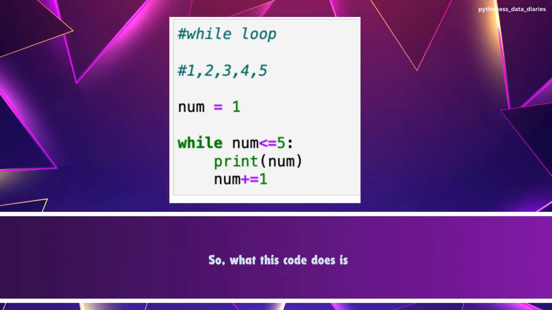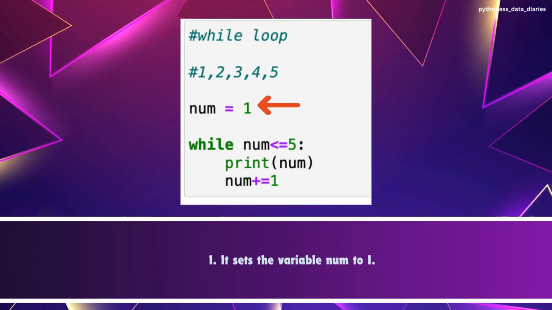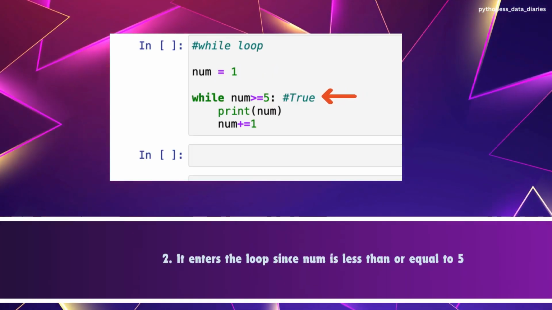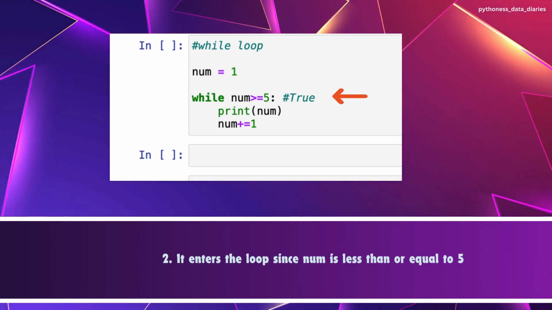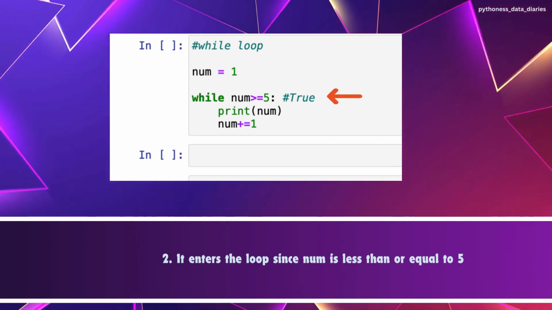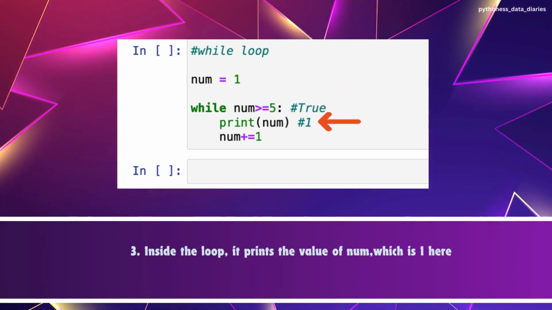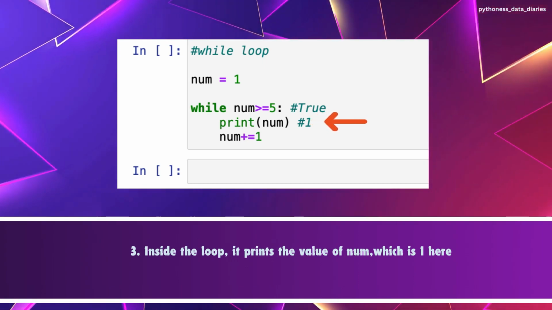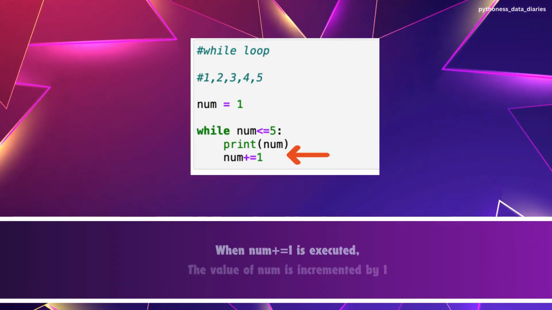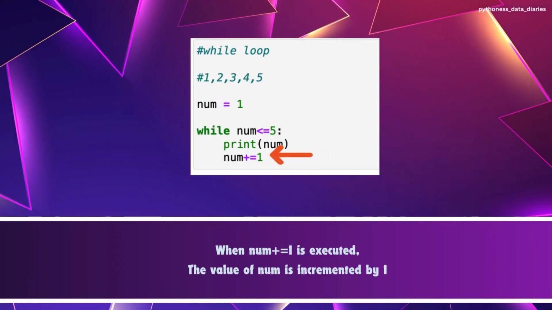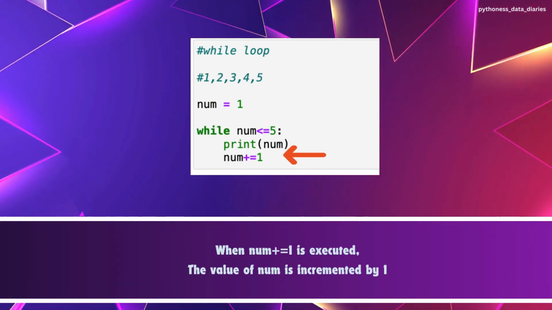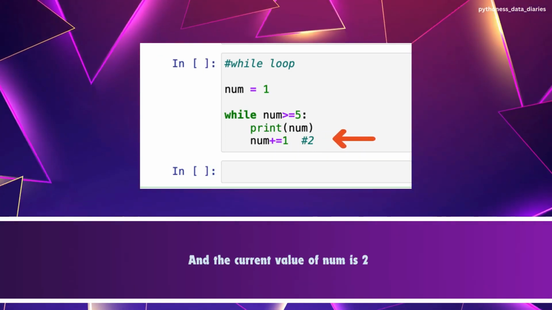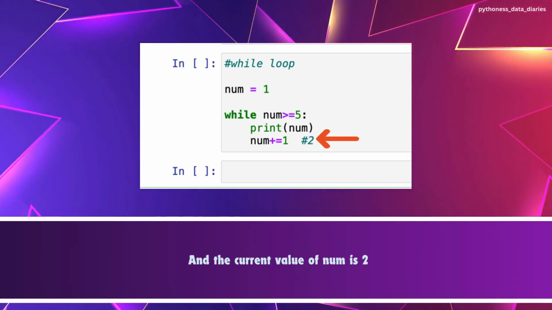So what this code does is, first it sets the variable num to 1. Second, it enters the loop since num is less than or equal to 5. Third, inside the loop, it prints the value of num, which is 1 here. When num plus equals 1 is executed, the value of num is incremented by 1, and the current value of num is 2.